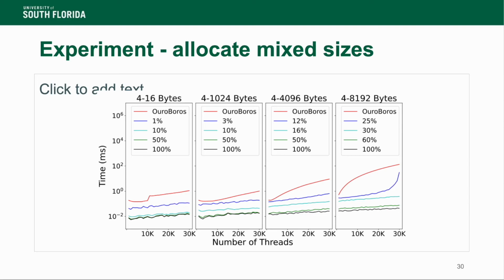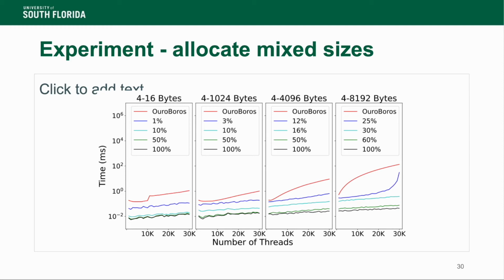This figure shows the total kernel time when the allocation size is mixed. It shows that RW malloc outperforms Ouroboros in allocating a wide range of memory sizes, and the improvement reaches 2 orders of magnitude in the best cases where there are the most parallel threads and most free memory units in the system.